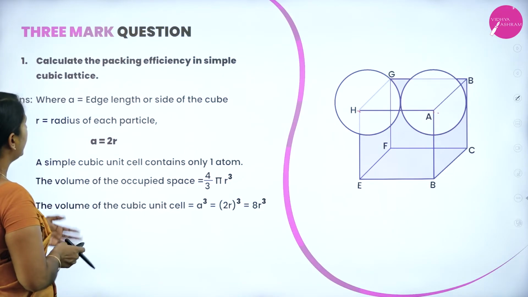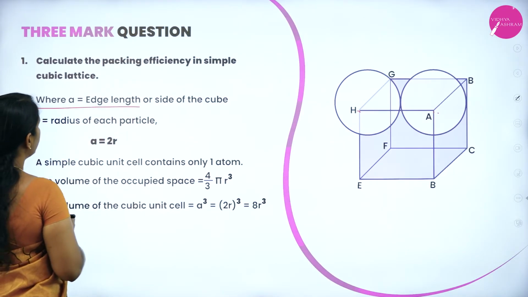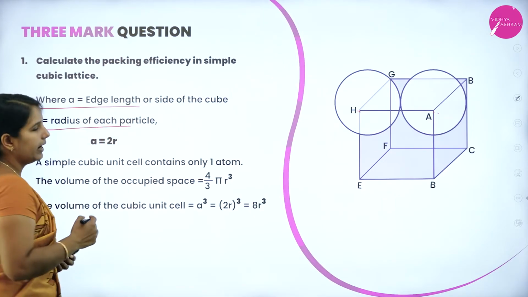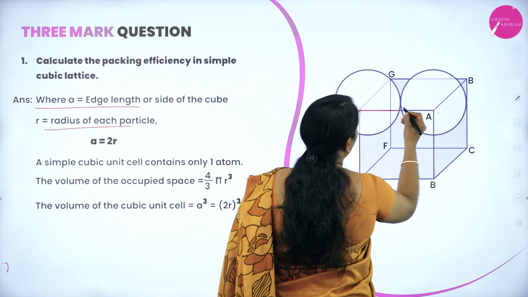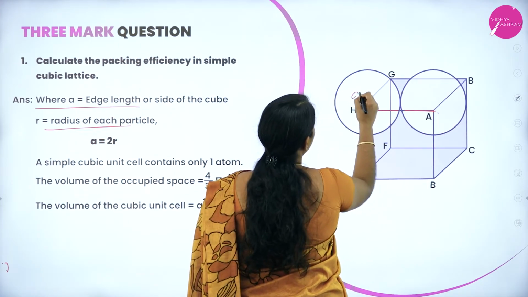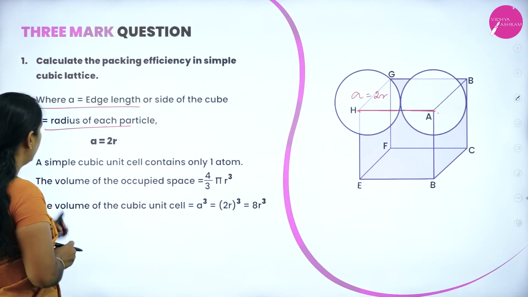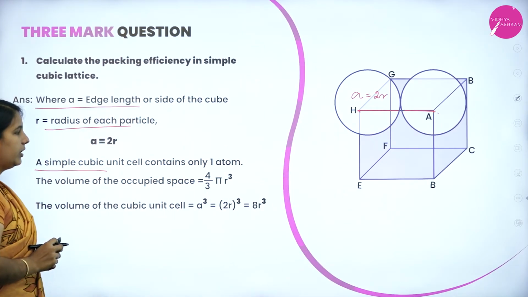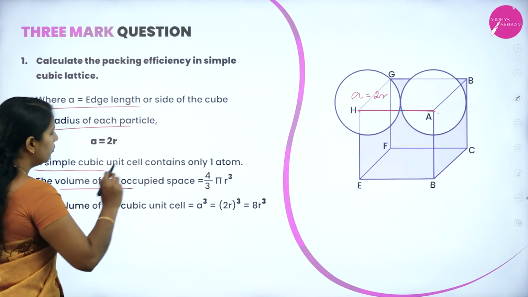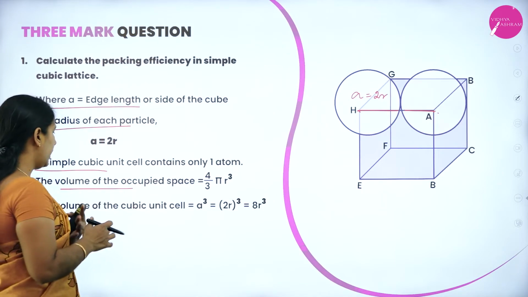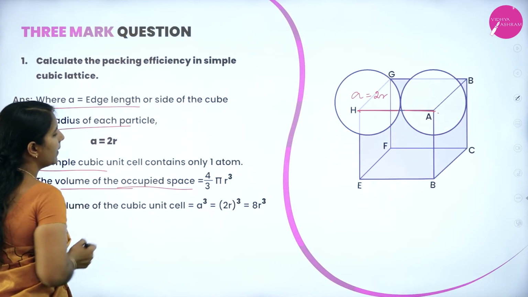So here I have shown that the edge length of the entire cubic unit cell is a, and we know that the radius of the particle is r. You can see that there are two particles I have considered. So a is nothing but 2r. Then in a simple cube, we know that there is only one atom. The volume occupied by the sphere is 4 by 3 pi r cube.